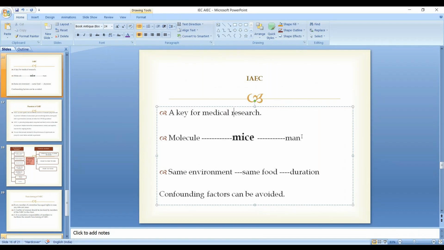And the ethics are very stringent related to the mice. CPCSEA guidelines are there. They are the nominees from the CPCSEA. They are coming, and all the protocols have to be looked at very vigilantly, and they are approving the animals according to the need only.